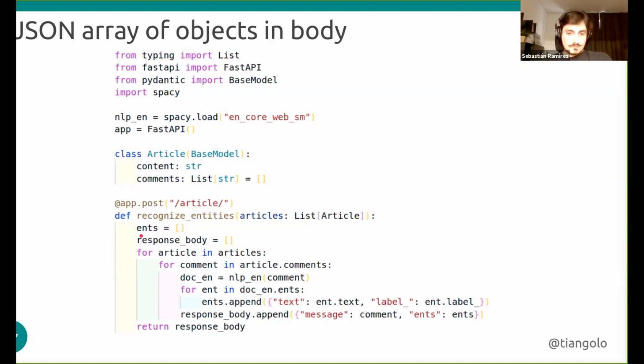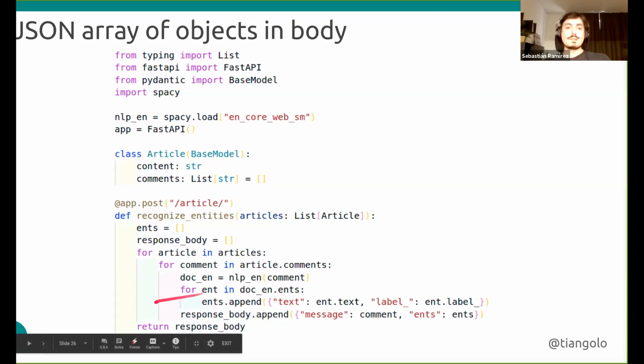Now we are doing more or less the same. We create an empty entities list and a response body. For each article in articles, we read each one of the comments for this article, and we process the comment. Then we extract the entities for each one of those comments, and we add that to the final response, and then we just return that response.